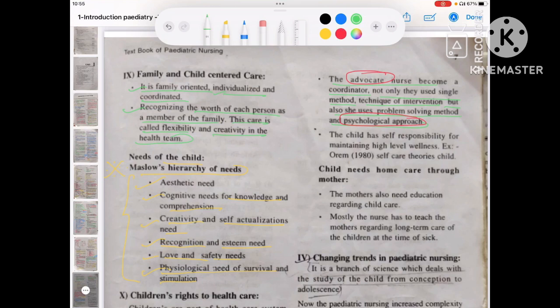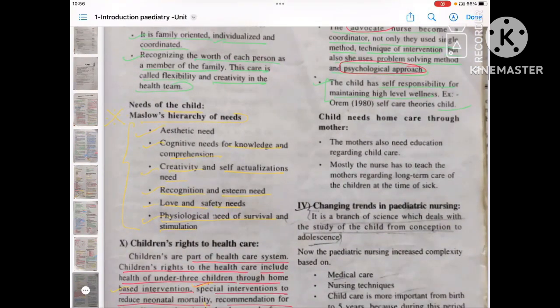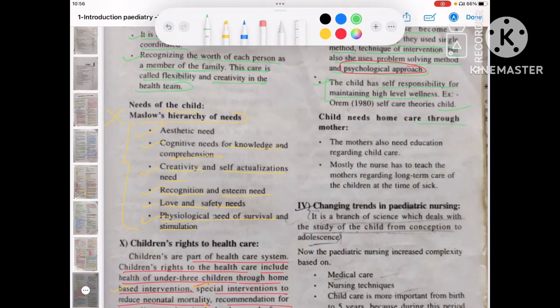And next, the child has self-responsibility for maintaining a high level of wellness. Orem's self-care theory says that children have responsibility for maintaining high-level wellness. And the child needs some care through their mothers.